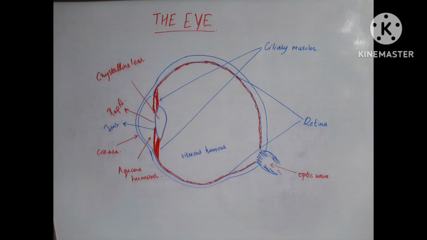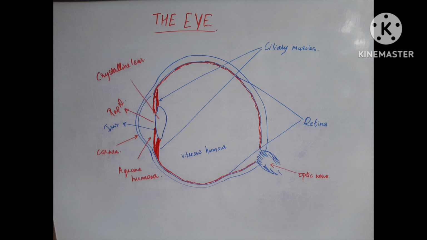Rod cells can identify the intensity of the light, and the cone cells can just understand the color of the light. These cells send signals to the brain through the optic nerve. This is the process of the eye, and how the light is adjusted in the eye.